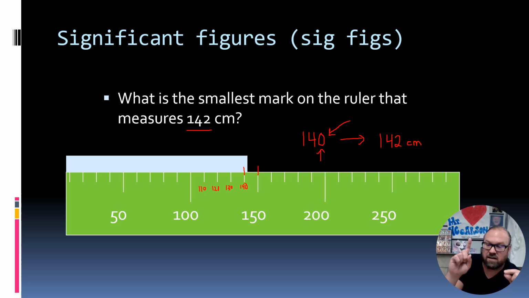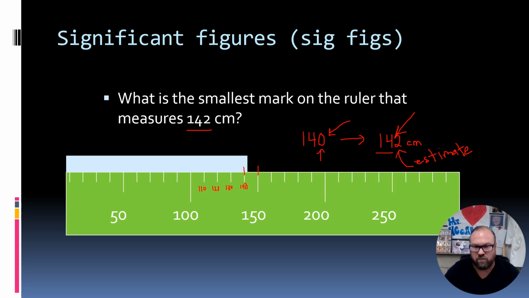If you're going to end with an estimated digit in the ones, what that means is the smallest lines of measurement in your overall ruler should be the tens because you're estimating between the tens lines, right? That's where this 2 comes in. It's the estimated digit. We absolutely know it's 140, and then the 2 at the end is our estimate, right? The 2 at the end is the estimated digit. And so I think that this ruler is appropriate to get a measurement of 142 centimeters.